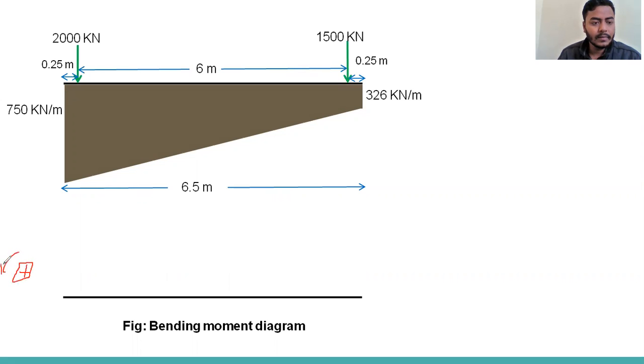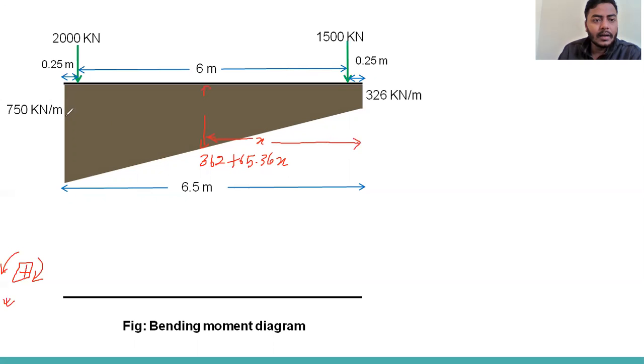If we are coming from the left side, then clockwise bending moment will be positive, and anti-clockwise will be negative. So we'll follow this sign convention. Okay, here I'm locating at every point. You can get 326.65.36x, and this distance x is from the left side.